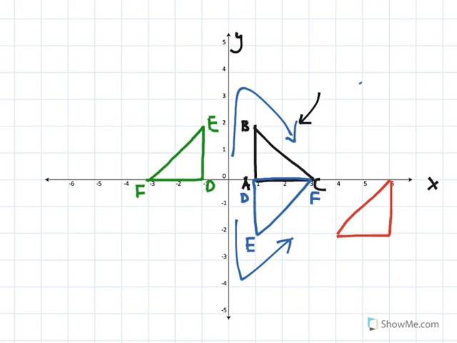Now for our last one, it's a bit trickier because it's also a mirror. So let's take this base right here, the blue one, and we know that if you reflect it, we get an upside down triangle, but then we have to reflect it again. So pretty much you can think of that as a 90-degree turn counterclockwise.